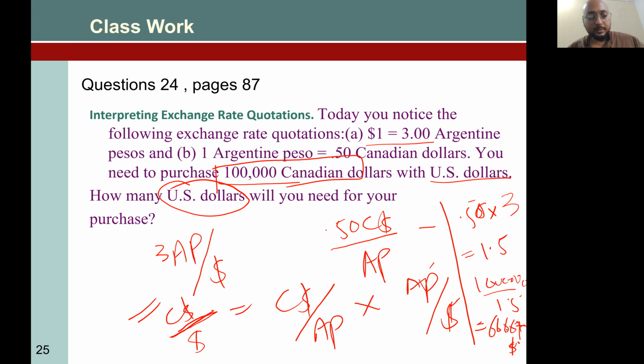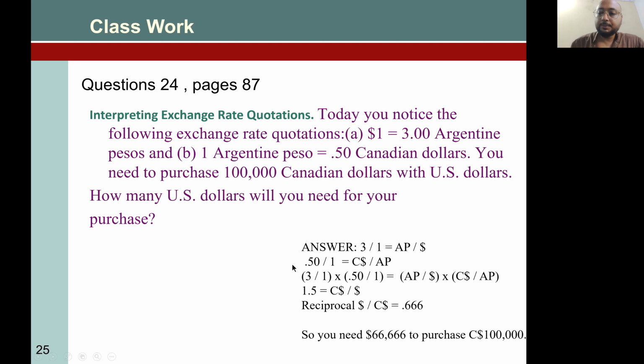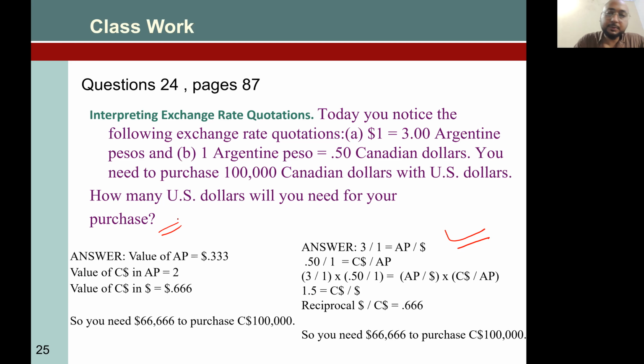I have pasted two solutions here, and we just did one method. The second method is here. So we can find out through this method, and we can also find out through the other method. Whichever you find easy, you can do that.